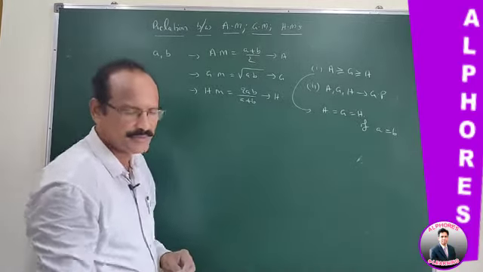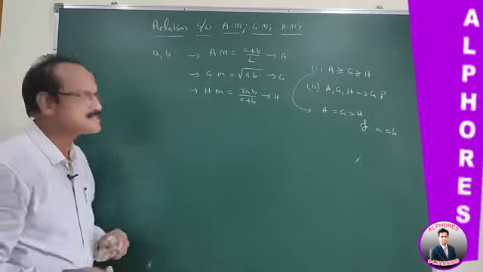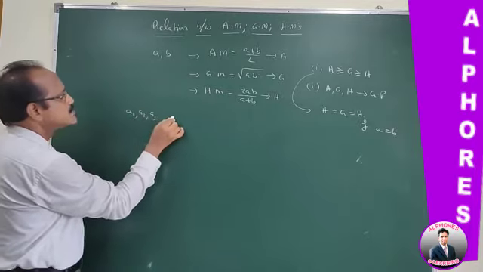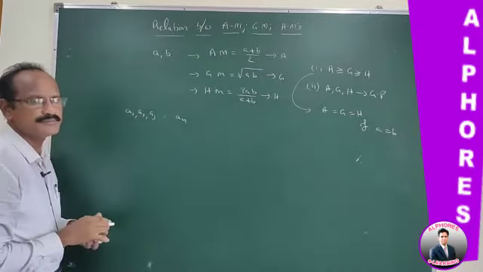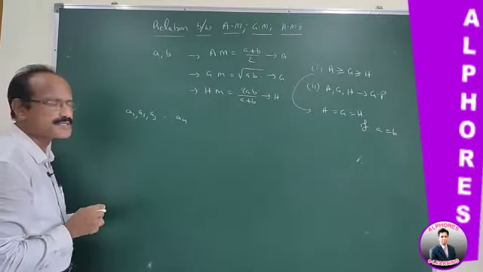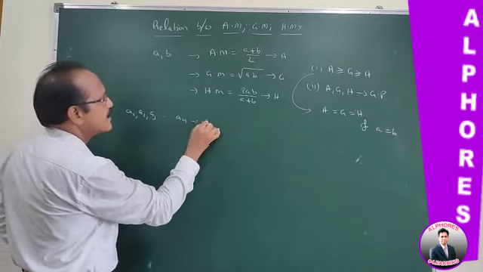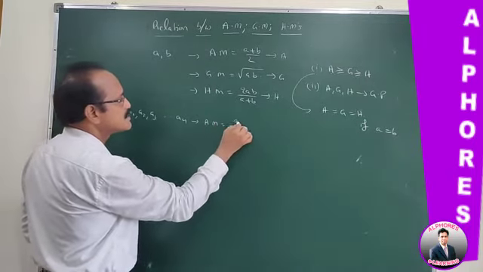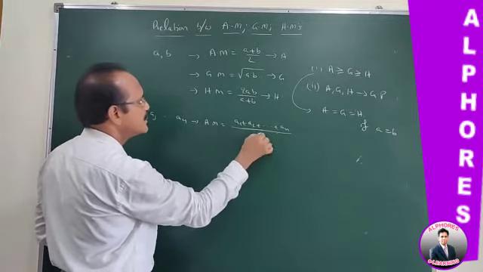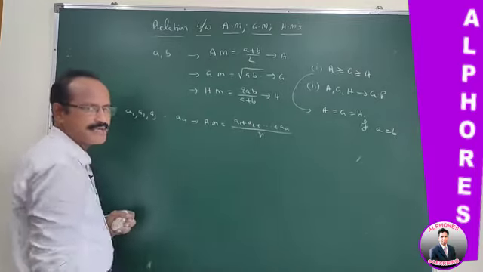Right. Now, coming to the arithmetic mean of finite numbers. Suppose A1, A2, A3, and so on up to An are n positive real numbers. Then the arithmetic mean of these numbers is given by (A1 plus A2 plus so on An) by n, that is, the sum of the quantities by the number of quantities.